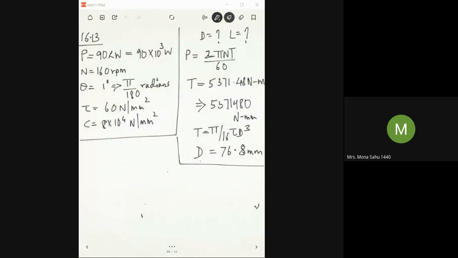Yeah, let's solve it. So shear stress by R equals C theta by L. Okay, D by 2. So this I will solve. 60 into D by 2 equal to C, all the units are in Newton mm, so nothing to change, into pi by L into 180.